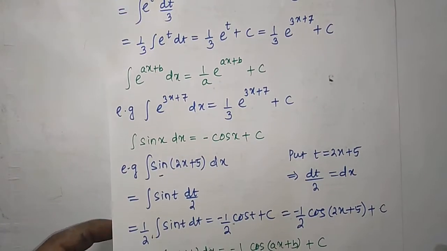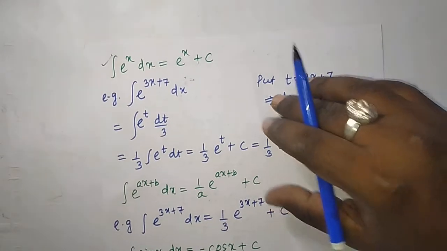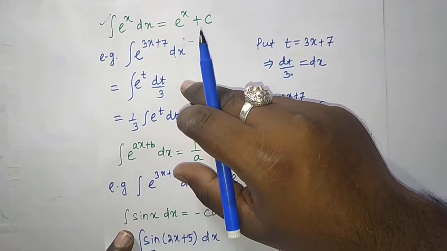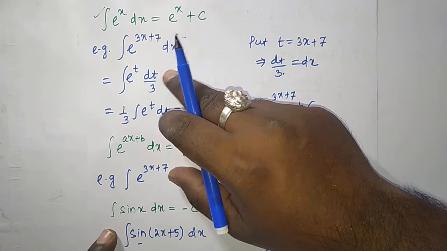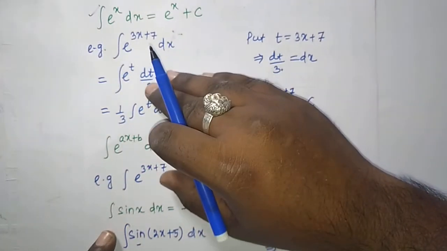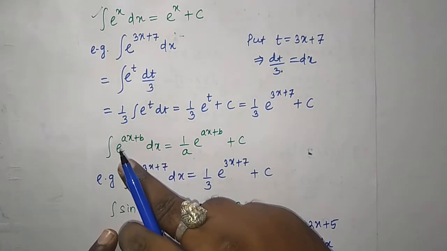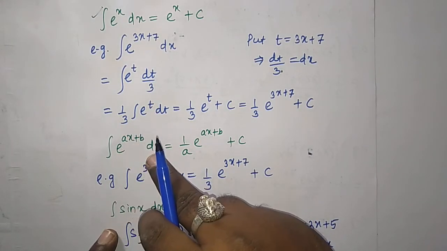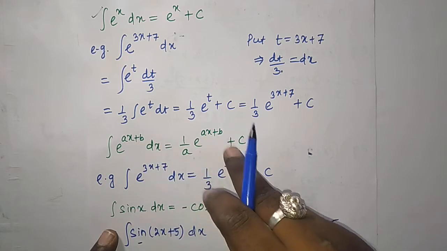This example also we have done, and I have explained how to solve it. For this example also there is one shortcut. What is that? The integration of e to the power (ax + b) is 1 by a e to the power (ax + b).